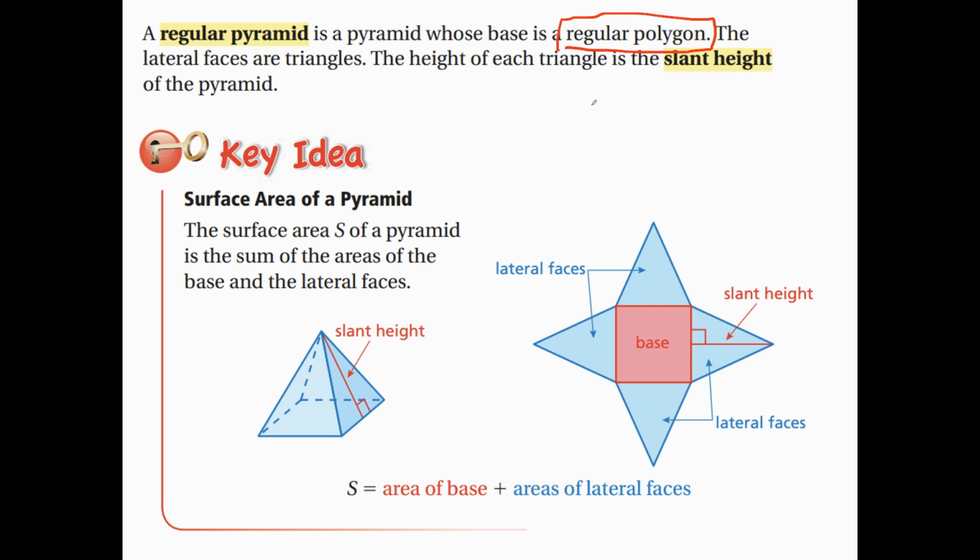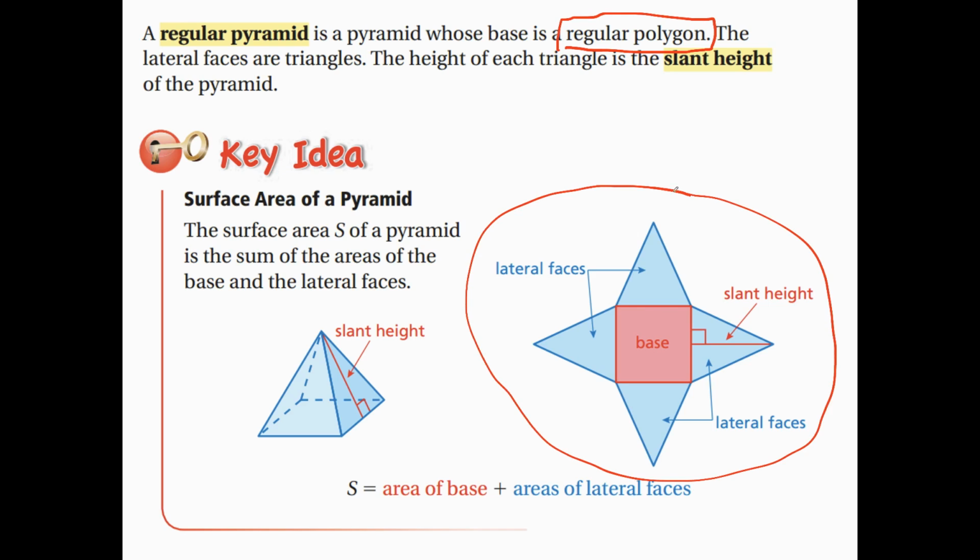So in a regular pyramid, the lateral faces are triangles. And you can see here in the net, when this pyramid is opened up, you can see where the slant height is. The slant height is the height of one of the lateral faces.